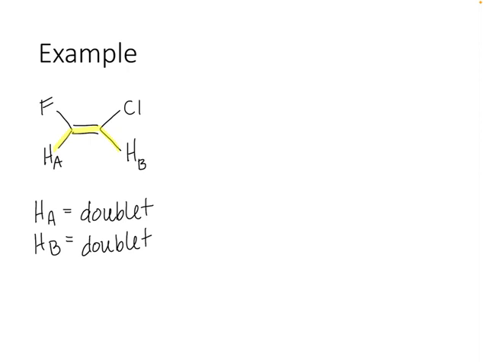Okay, so if we look at the doublet for HA, we would have a specific distance between those two peaks, and we would label that JAB. So HA split by HB.